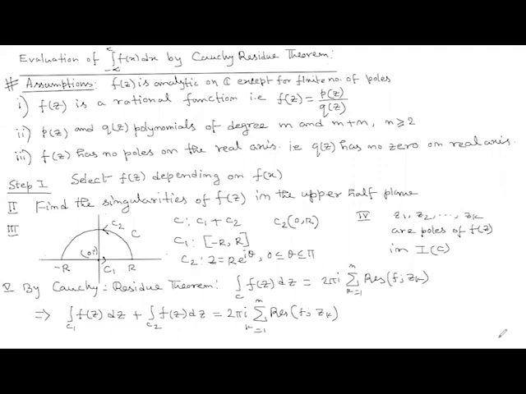So from this step we can write the integral from minus r to plus r of f(x) dx, because here we are integrating along the curve C1, which is a part of the real axis from minus r to plus r, where the y coordinate is 0, plus the integral over C2 of f(z) dz, equal to 2 pi i times the sum of residues of f at the points zk for k equal to 1 to n.